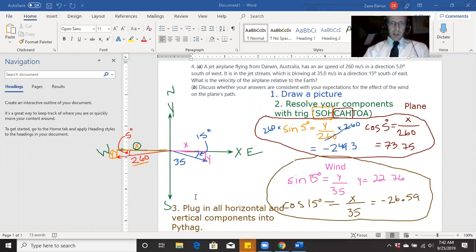What we're going to do is take our two y components, which are this guy and this guy, and plug those into Pythag. This is going to be our a in Pythag, so negative 249.3 plus 22.76, squared.